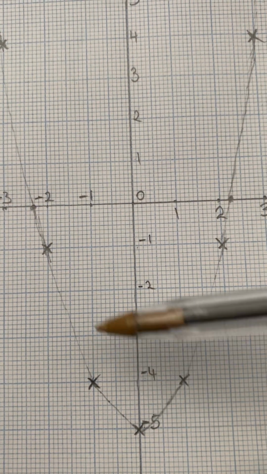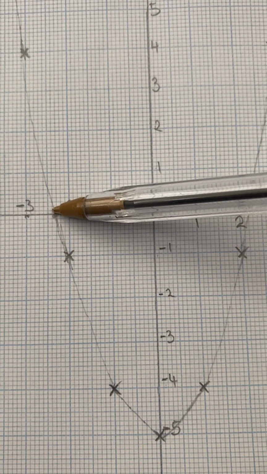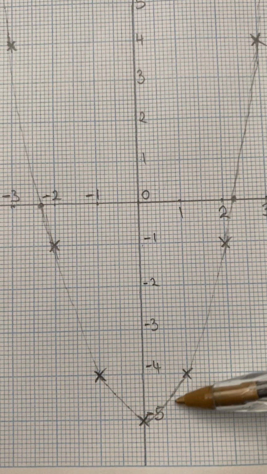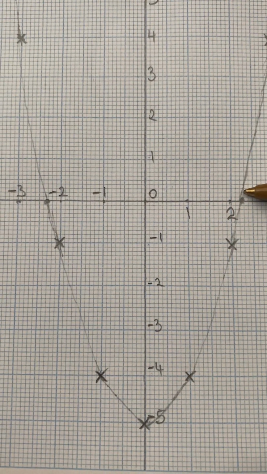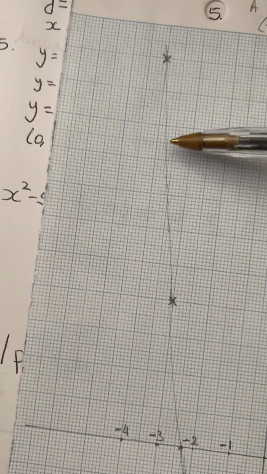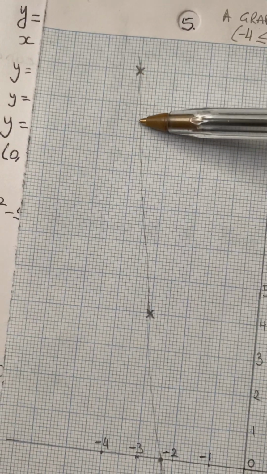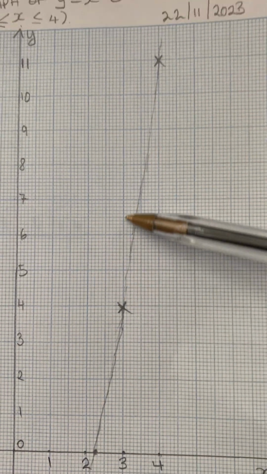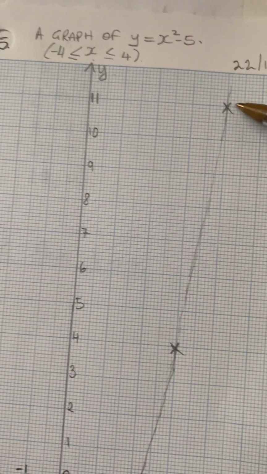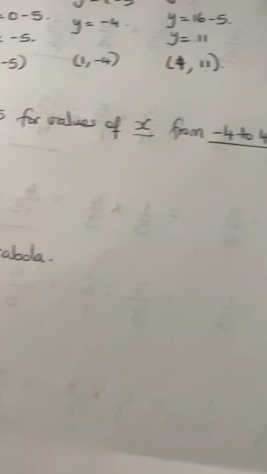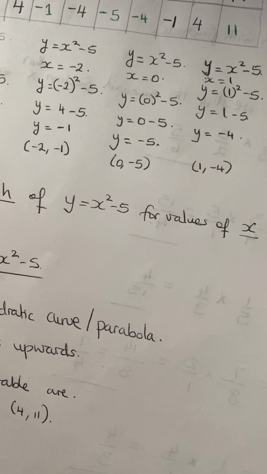So I drew from the x-axis all the way down, and then I drew this part all the way to the top. So I've done the second part of the equation. I've drawn the graph.